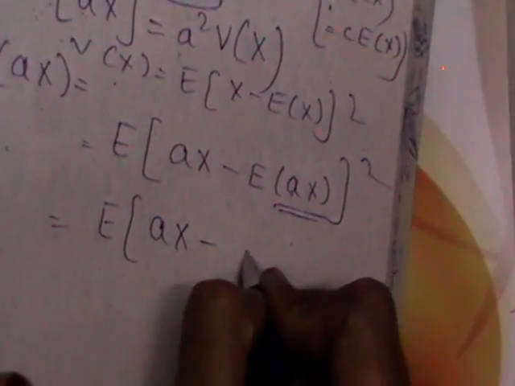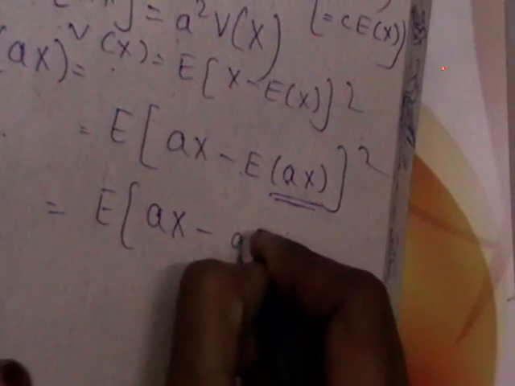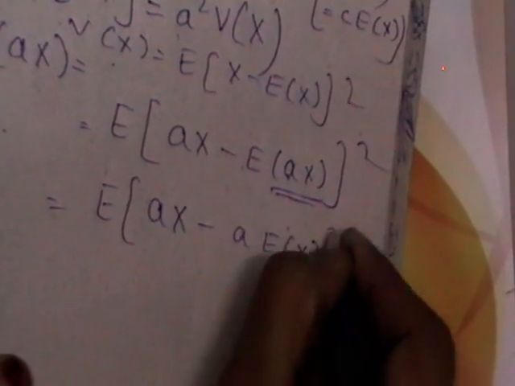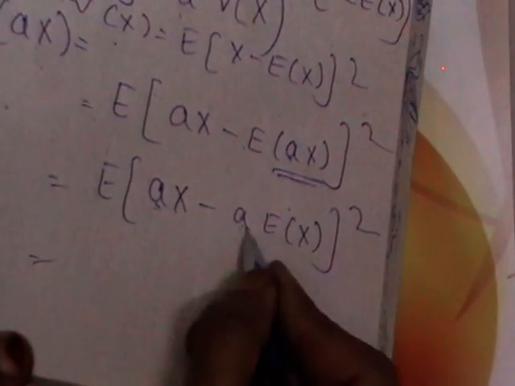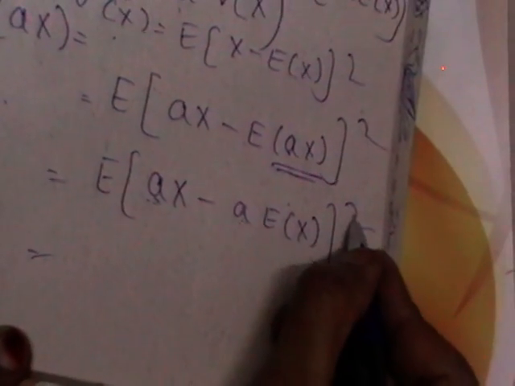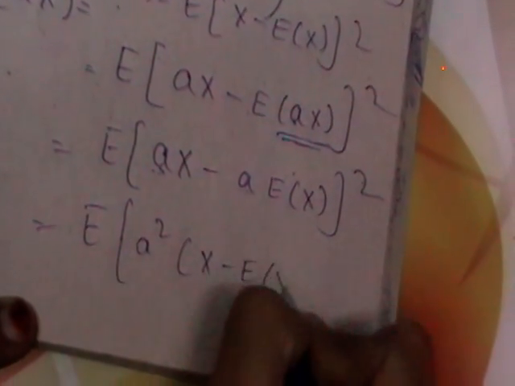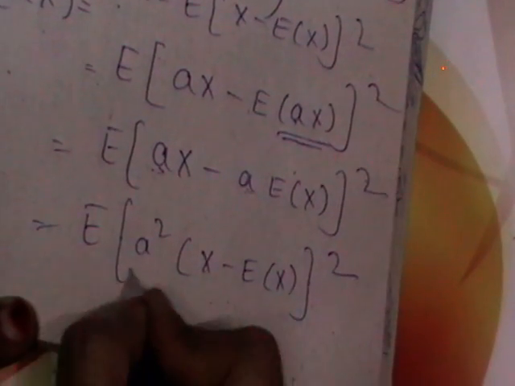Expectation of cx is c E(x), so a will be taken out. In both terms a can be taken out, and this is within the square, so it will be E[a²(x − E(x))²].